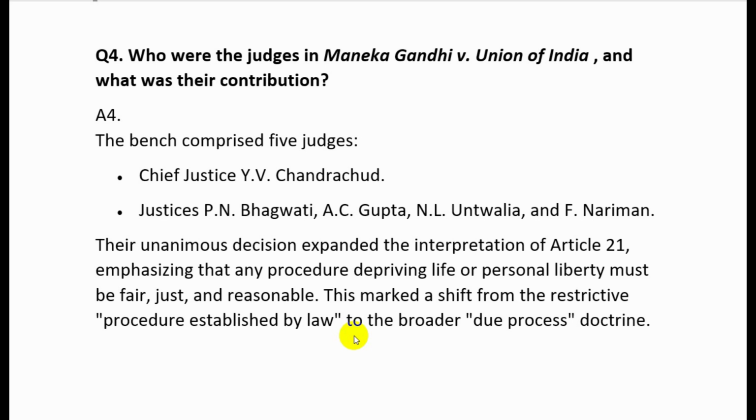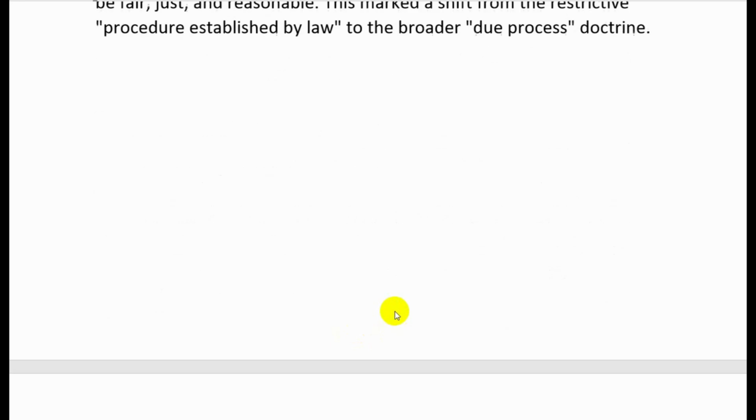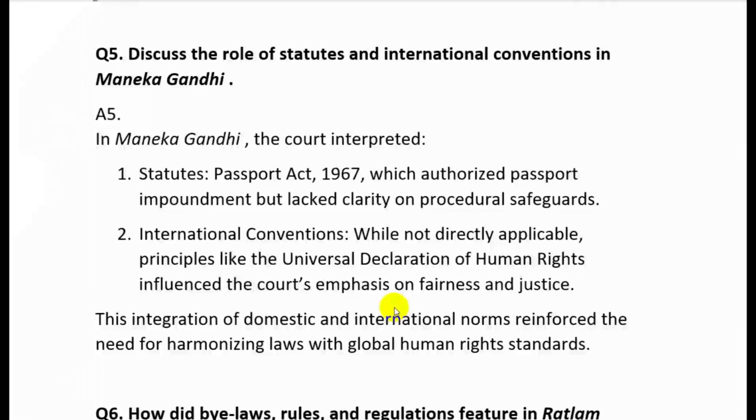The person needs to be heard or has the right to be heard. His justification needs to be heard, and that process needs to be followed. So that is why this was considered as a landmark case.